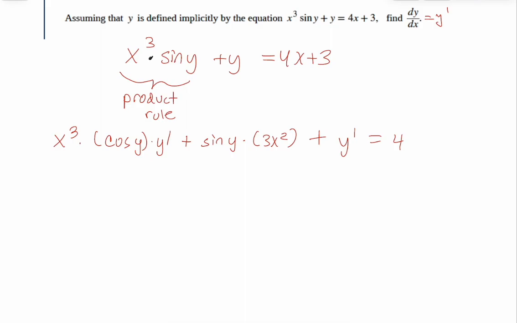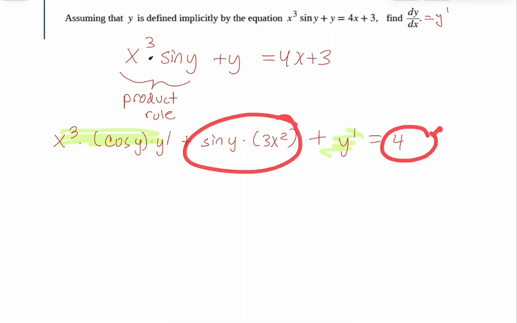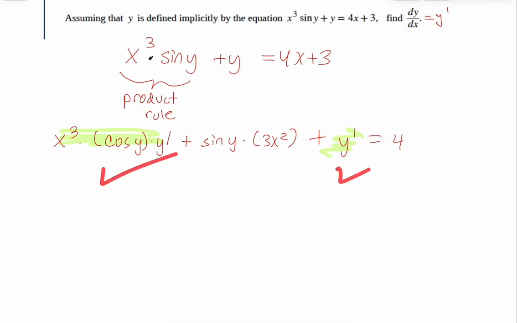Okay. Now, if you went back and looked at the rules you wrote, or the steps you wrote down, I mentioned that any term that contained a y prime, we're going to keep on one side, and we're going to move all the other terms that do not have a y prime to the other side. So these two terms do not have a y prime on them, so we're going to move those to the right, and we're going to keep these terms on the left.